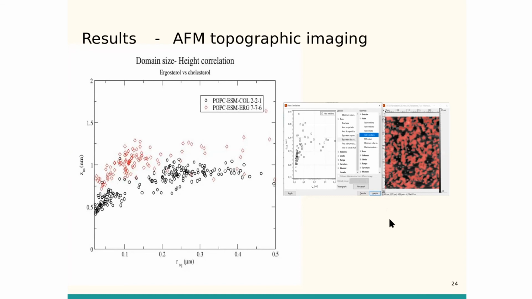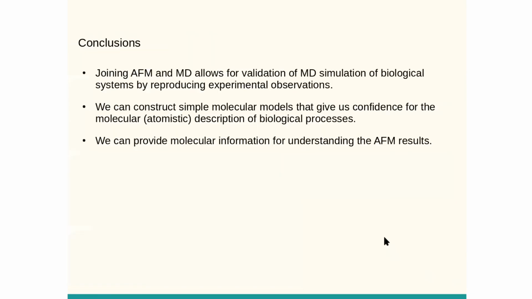And now we need to run for more time, but then we can see how a molecule, or different molecules of different polyenes, interact with this bilayer, with ergosterol and cholesterol, and start seeing the molecular processes that occur in them, okay? So let me just finish with the conclusions.